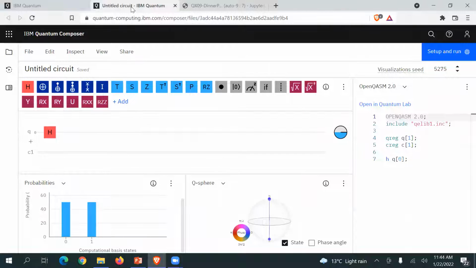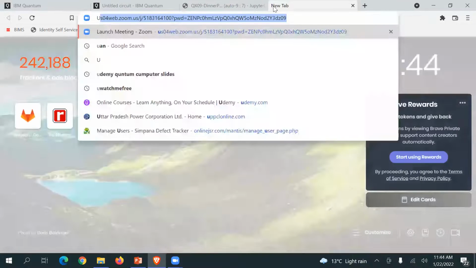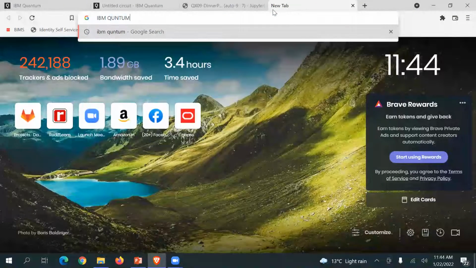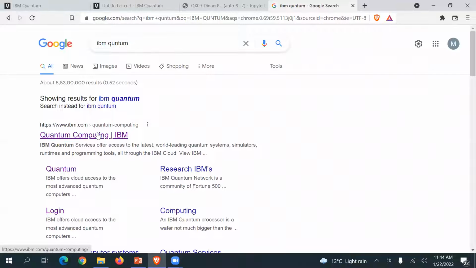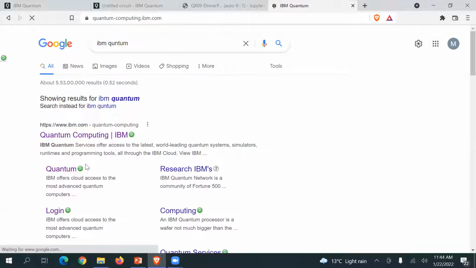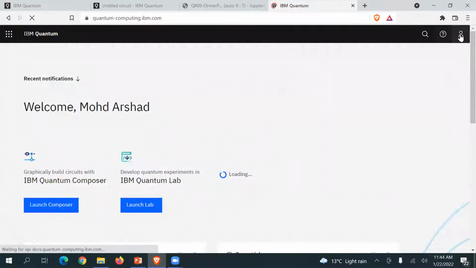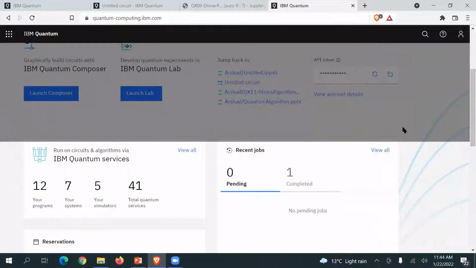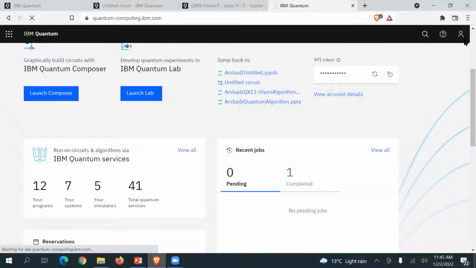Participants, just look at the URL where you can also get access to it and start working on all this. I hope this will be very useful for you. You can go to the IBM Quantum site and log in. I already logged in with my personal ID, but if you log out, it asks you to register.